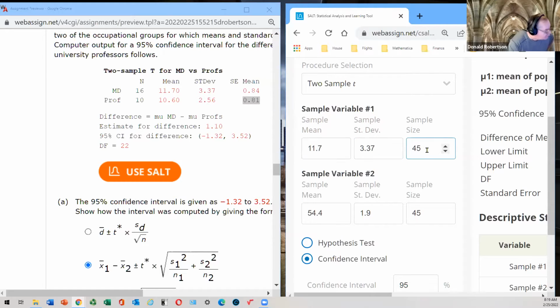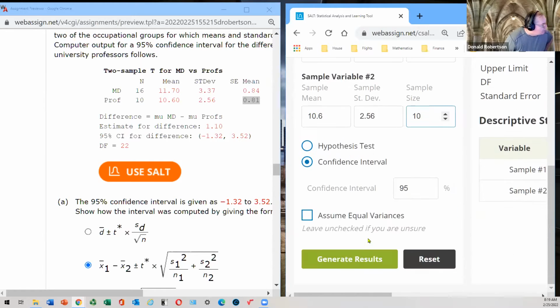And sample size was just 16. And you go down here, you do this one, it's 10.6, 2.56 and 10. And keep everything the same.